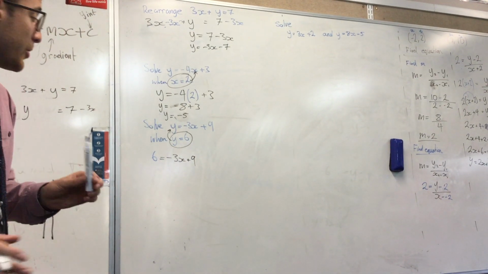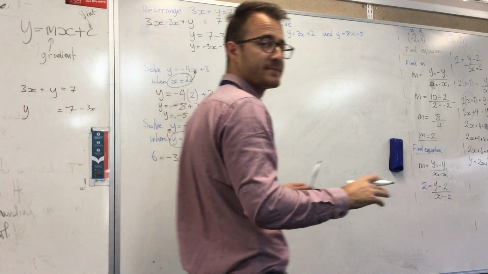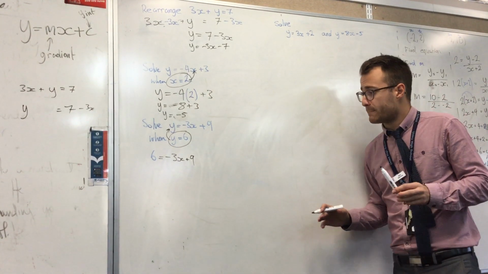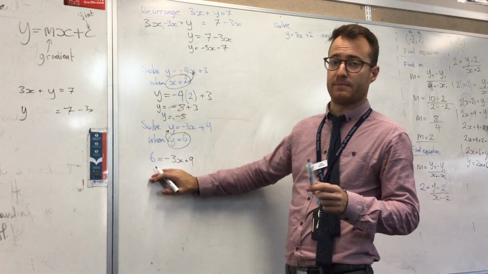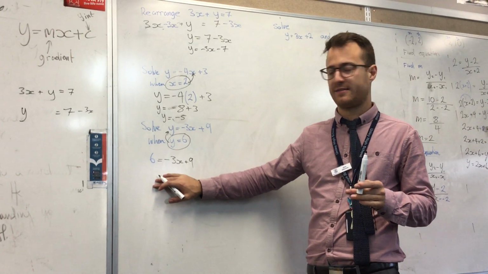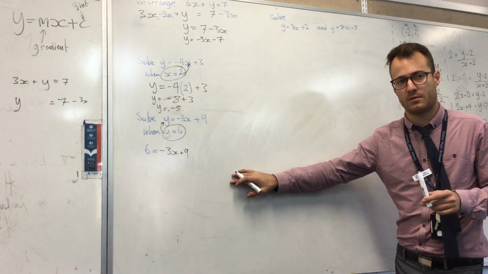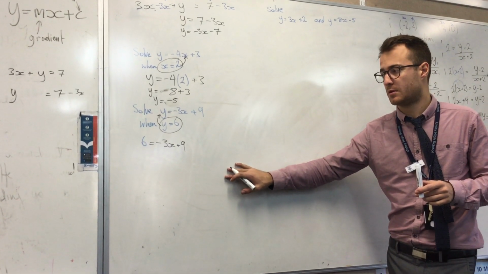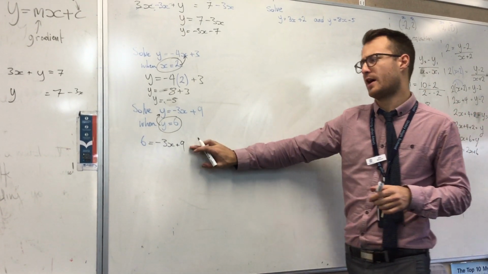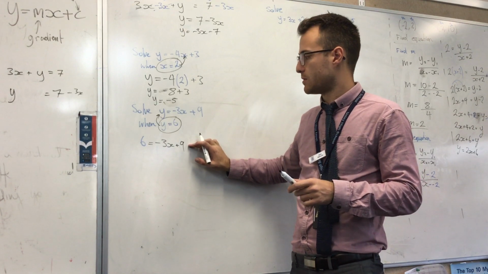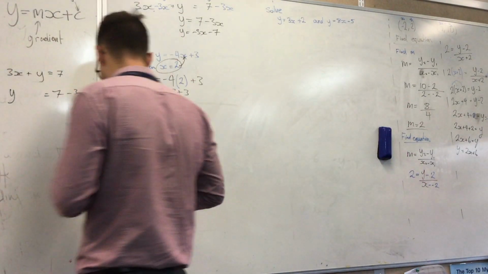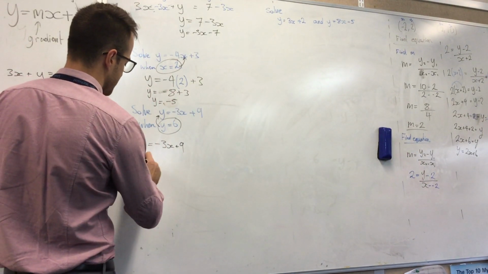Yeah. Cool. Tabitha, what's our next step going to be? We're trying to solve for x here. What's our first step going to be? You've got to get rid of the other number first. Yeah. So let's get rid of that 9 first. So minus 9 on both sides.